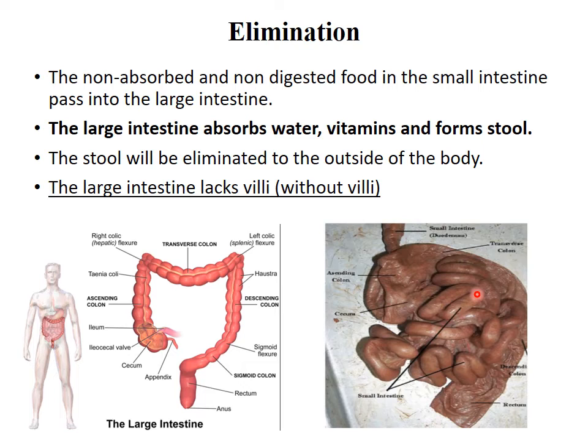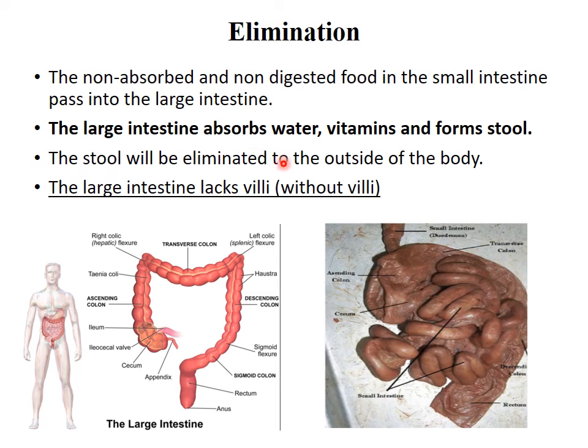Then after absorption, the non-absorbed and the non-digested food pass from the small intestine to the large intestine. This is the large intestine. And then some of the nutrients are absorbed here, for example, water and vitamins. So the large intestine can also absorb nutrients such as water and vitamins, and its major function is to form stool or feces.